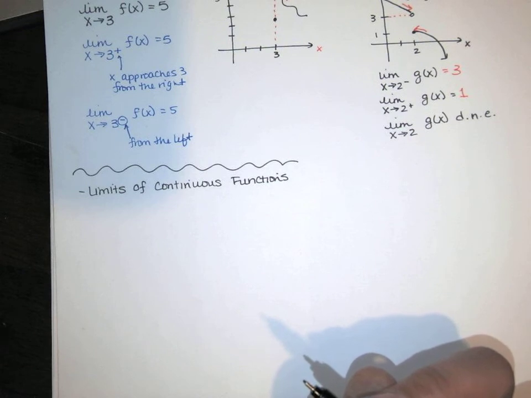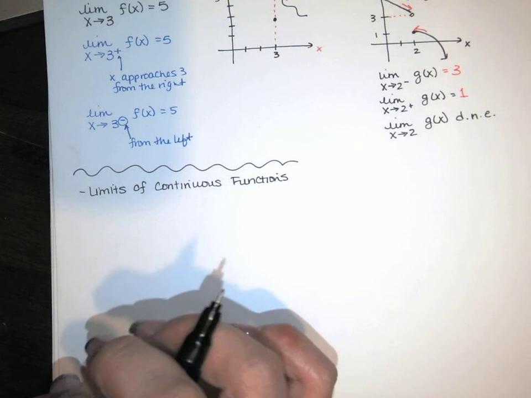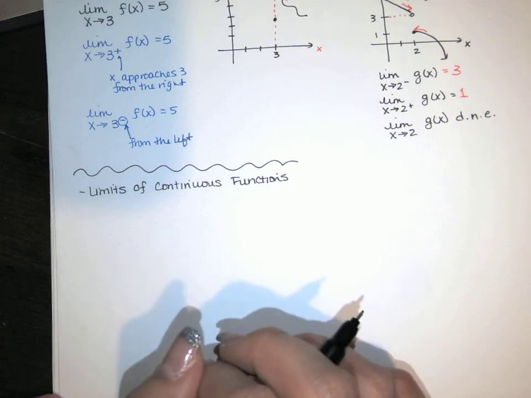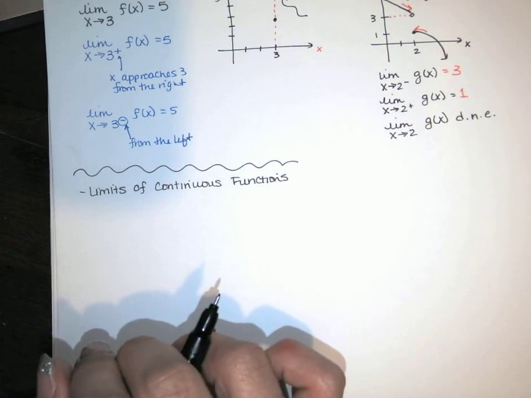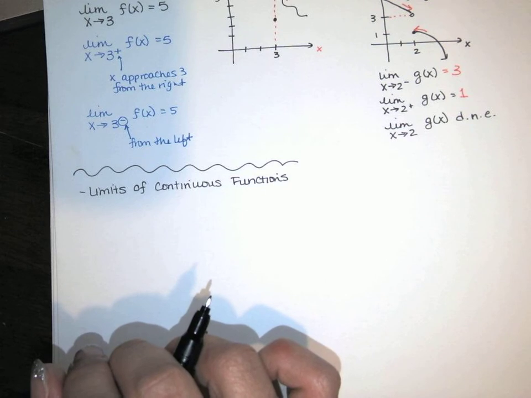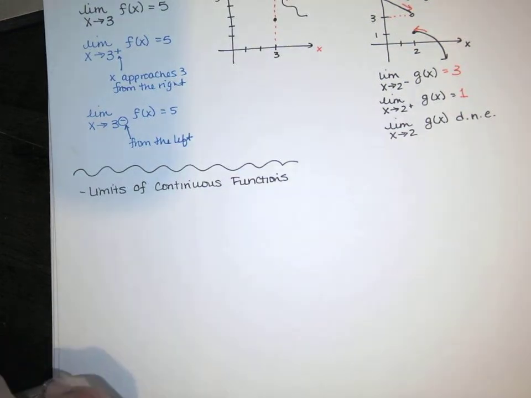So everything we talked about in the last video with domain, you can't take the even root of a negative number, you can't divide by 0, and you can't take the log of a negative number or 0. All of that still holds.